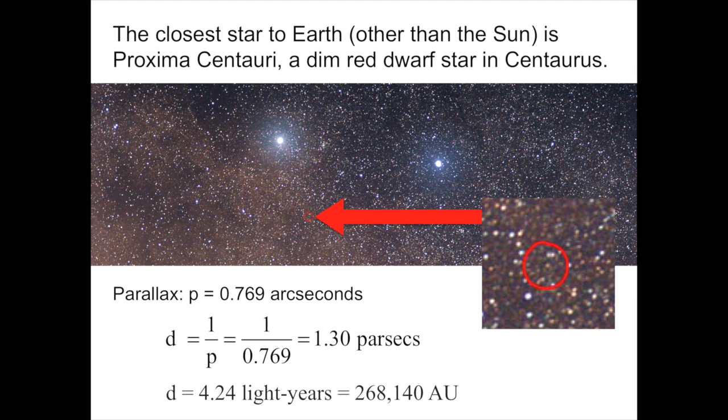Put another way, Proxima Centauri is so far away that light takes 4¼ years to reach us from its surface, and to put it in scale of our solar system, Proxima Centauri is a little over 268,000 times further away from the Sun as the Earth. This gives you a sense, and this is only the nearest star.